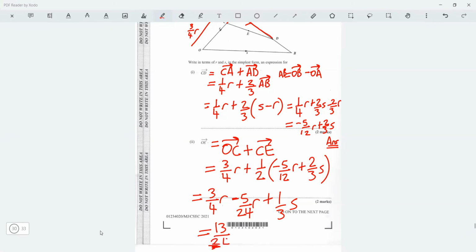Why is it not writing better? 13/24 R. All right, let me try and fix this. It's not giving me the way I want it to write. I'm going to try and rewrite all of this.